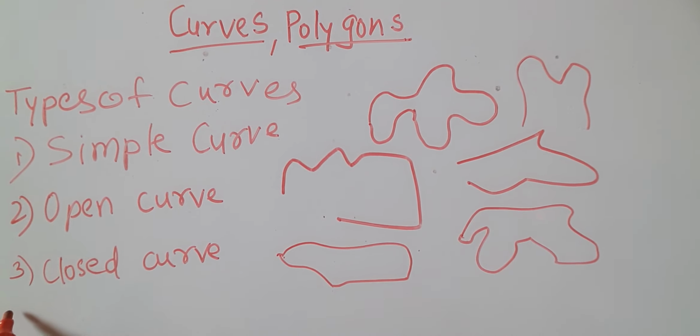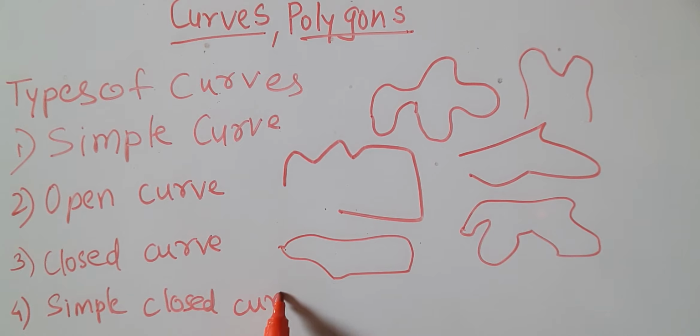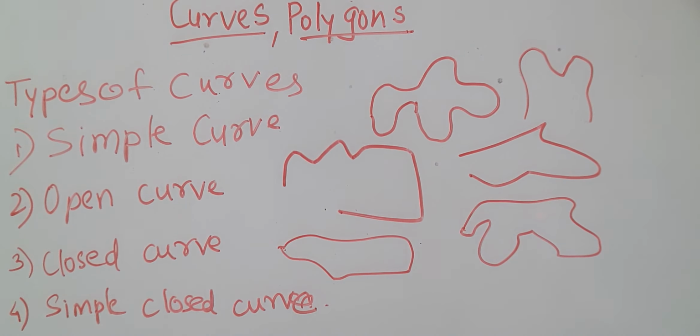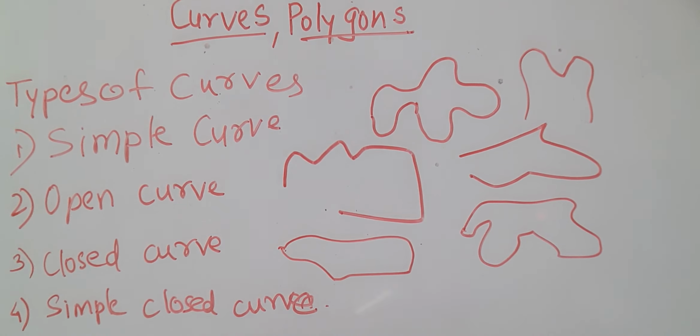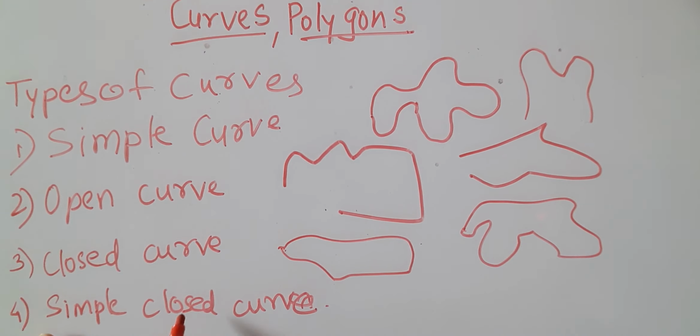And the fourth type of curve is simple closed curve. Now you know what a simple curve is: any curve that does not cross itself. It should not cross and it should be closed, then it's a simple closed curve.